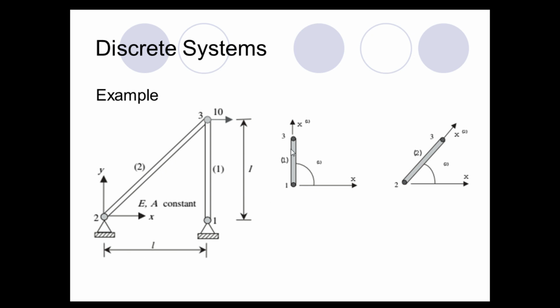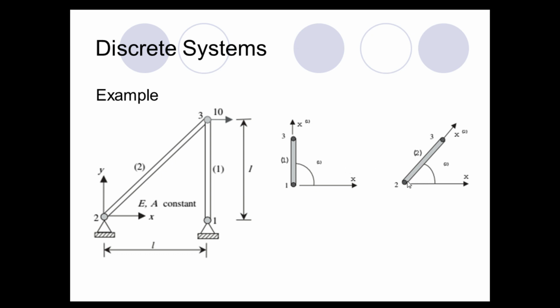Now let's see, we have two elements, and let's say that this is element 1 and this is element 2. Node 1 of element 1 is 1, node 2 of element 1 is 3, and it makes an angle of 90 degrees.